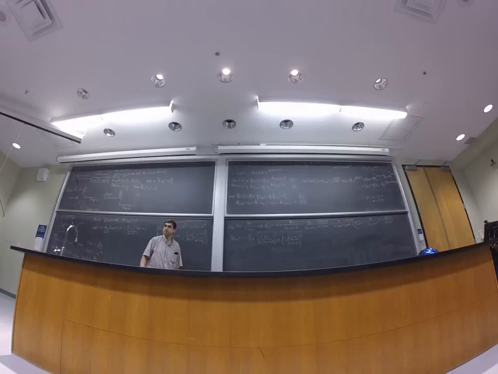I have a common denominator, so that's the square root, and I have here K squared plus K squared ω squared τ squared.